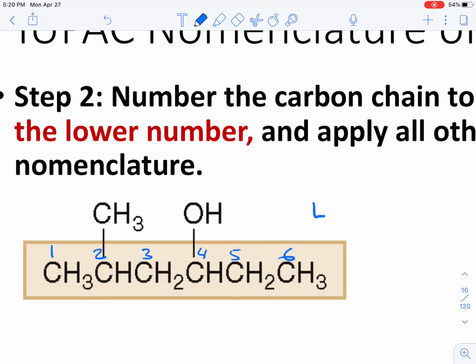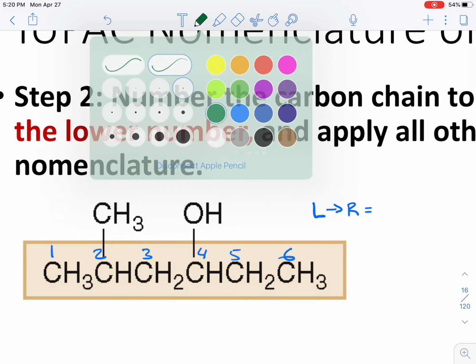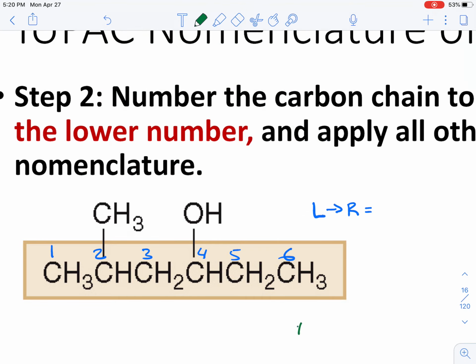The blue is going to refer to my numbering of these carbons from left to right. Now if I go right to left, I have 1, 2, 3, 4, 5, 6. Okay.